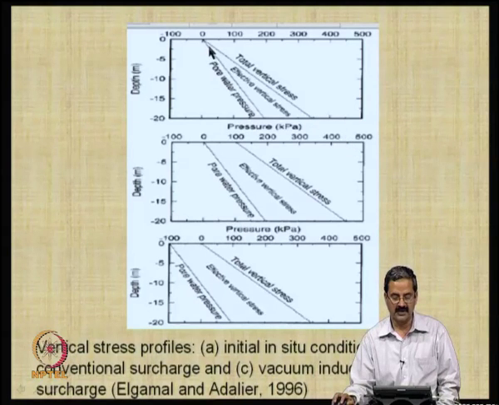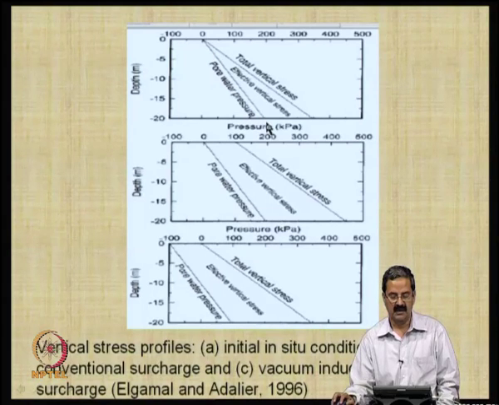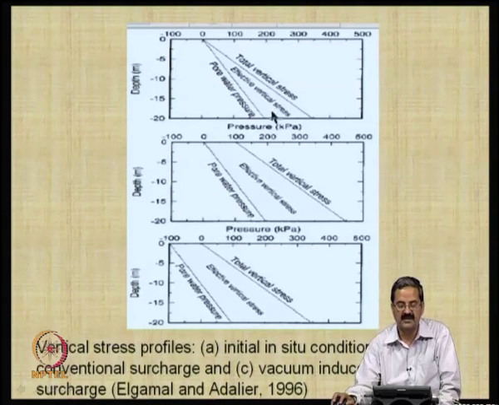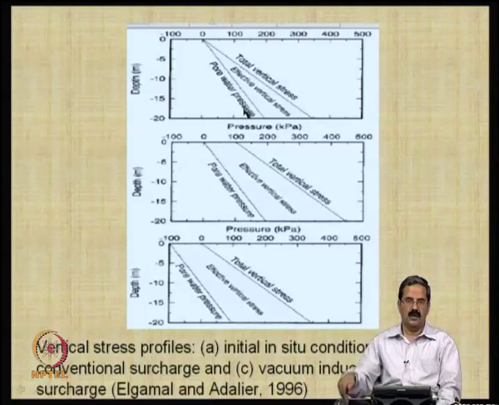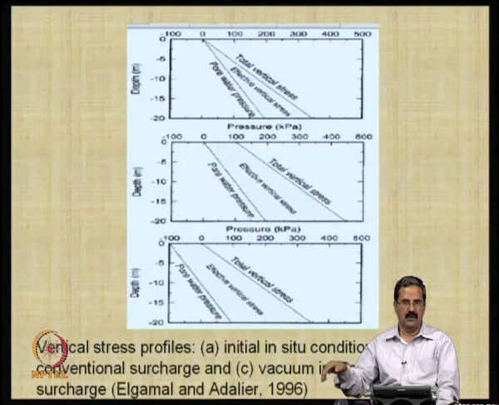Then you have also measured pore pressures, right. If you measure pore pressures, this is the line, and this is the effective stress region. Normally, what do you measure? You measure only total pore pressures and total stresses in the field. How do you measure pore pressure? It is like a water column raise, gamma W into height.